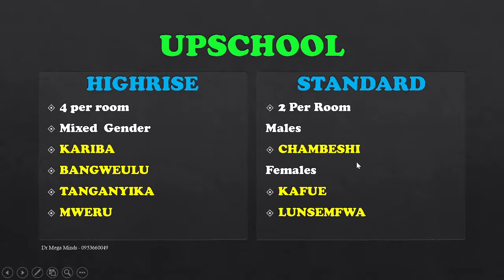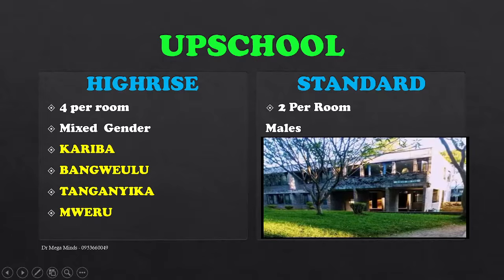There are limited options. Females, you have Kafue and Lusemfwa. Lusemfwa is quite famous for some reason. I like these. They are quite neat, at least by the time I used to pass by. So these are the 3 standard hostels which you'll find at Mulungushi up school.